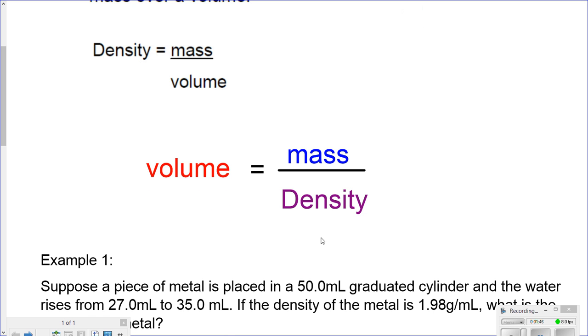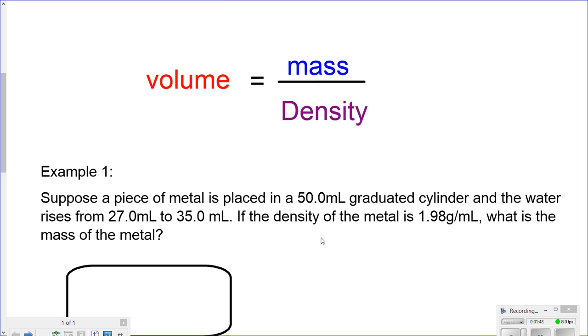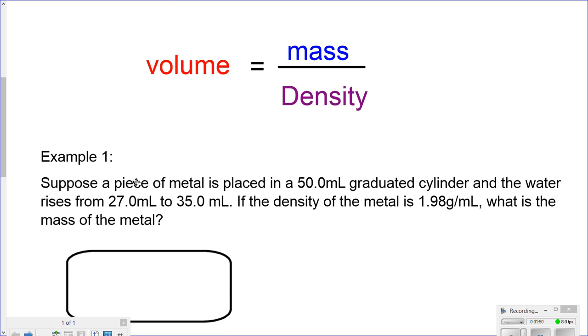Let's do two samples. Number one: suppose a piece of metal is placed in a 50 milliliter graduated cylinder and the water rises from 27 milliliters to 35. If the density of the metal is 1.98 grams per milliliter, what is the mass of the metal? Looking for mass.